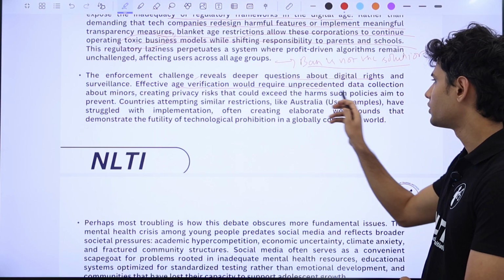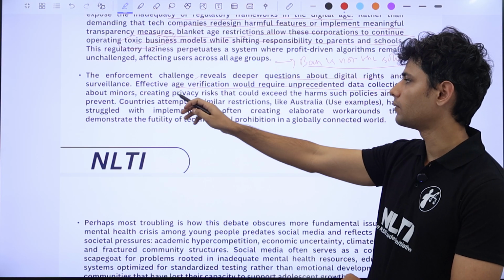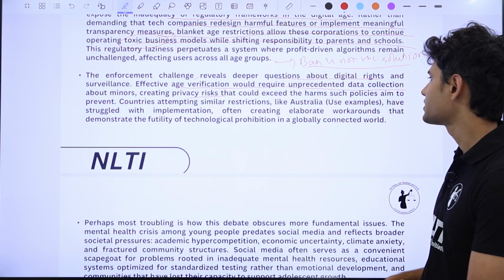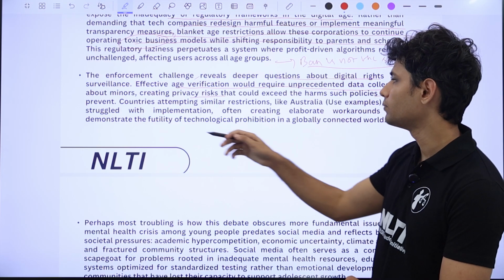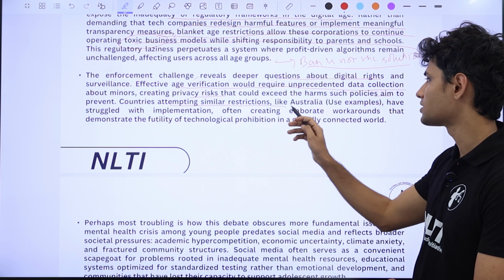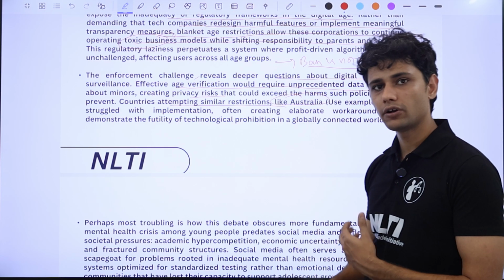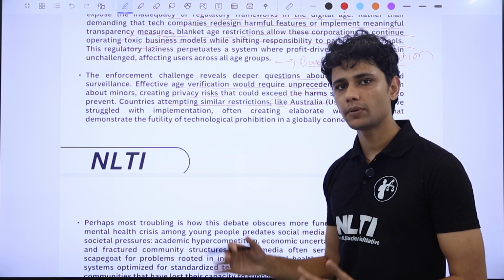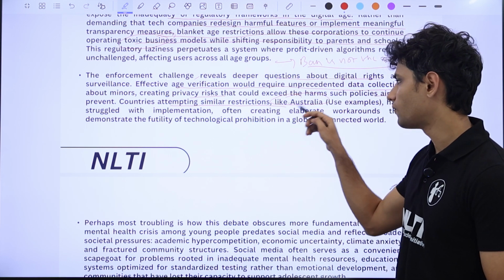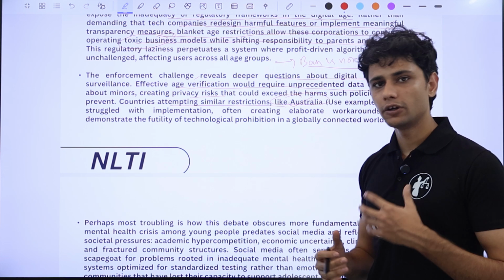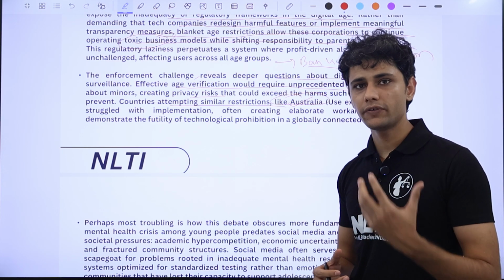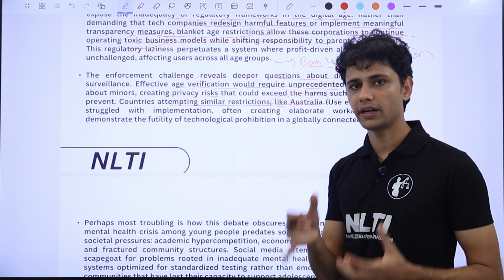Effective age verification would require unprecedented data collection about minors. It creates privacy risks which harm the very policies aimed to prevent them. Countries attempting similar restrictions, like Australia, have struggled with implementation, often creating elaborate workarounds. Of course, now you can also start using your examples. If you've read about this topic, you can also include your factual knowledge at this step. Your factual knowledge and whatever facts you know about it should complement your analysis.